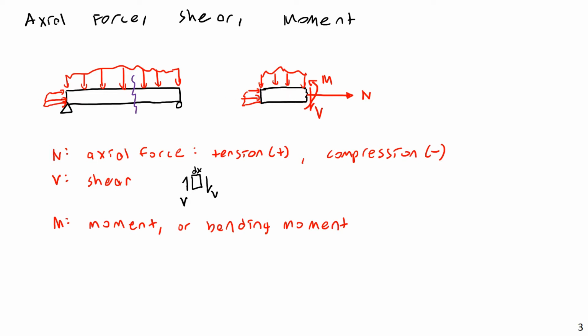So here you have your member axis in this direction, and if you imagine drawing an axis into the page here, this moment would be rotating about that axis. It's rotating about an axis that is coming either into or out of the page. So that's moment or bending moment, two different names for the same thing.